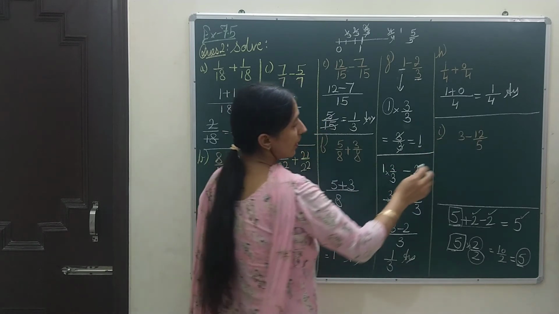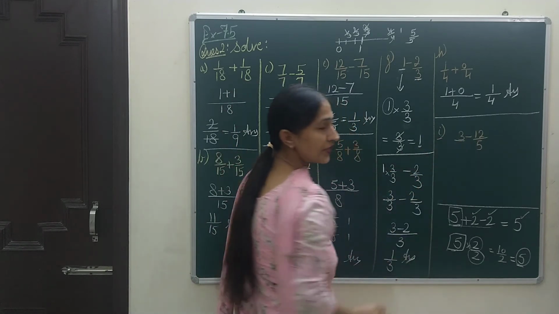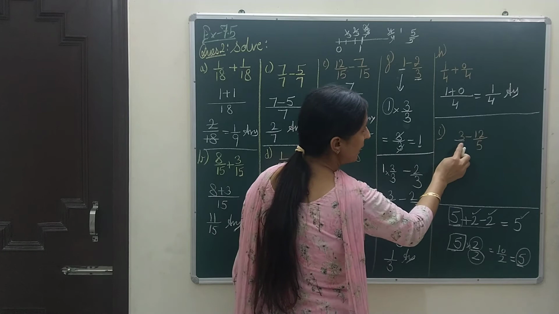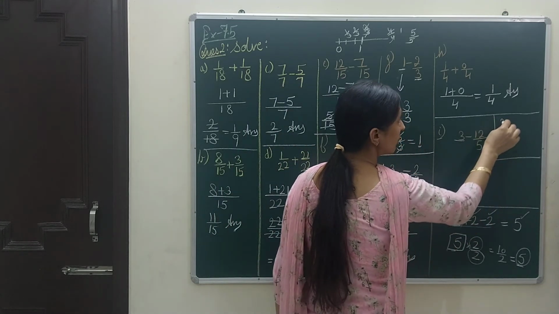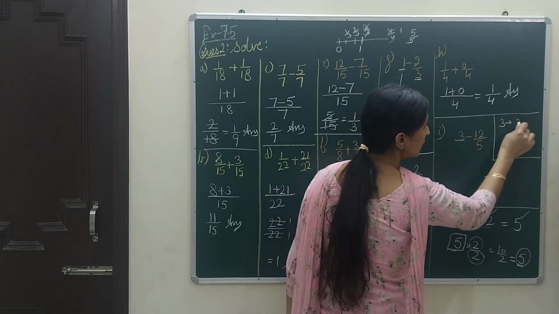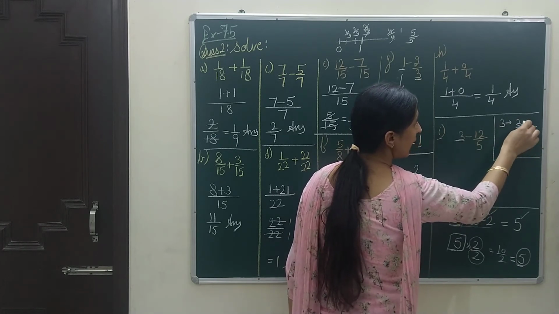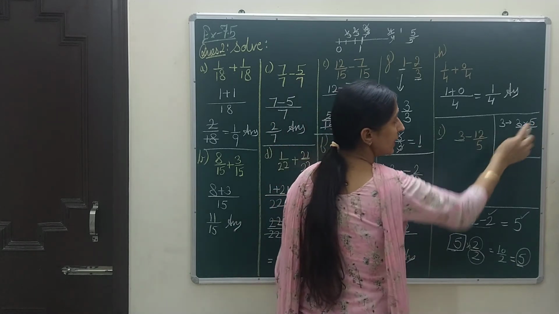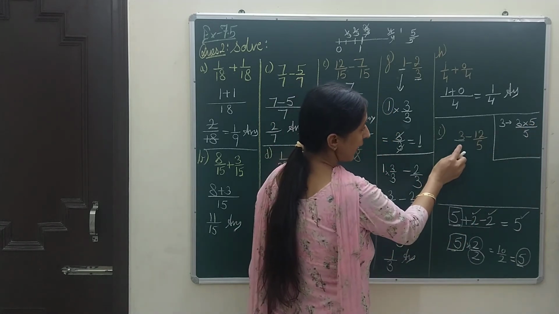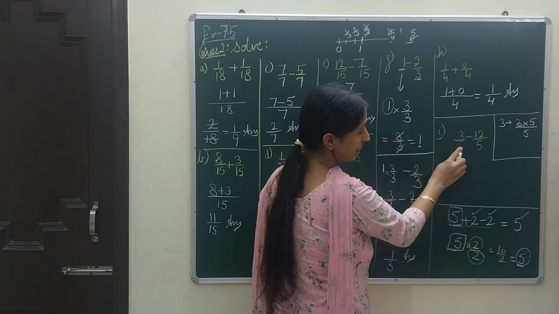Now see, here again no denominator is given. So how can I make this denominator 5? For that I need to convert this 3 with denominator 5, and I will be multiplying with the same number in the numerator. I need 5 in the denominator here.